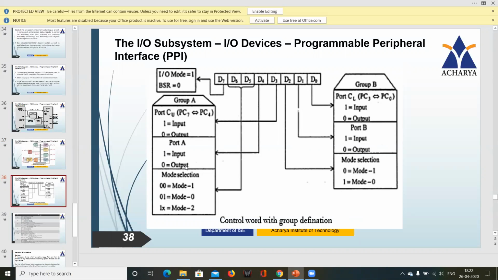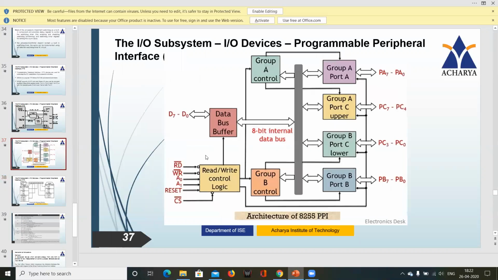Now let us go to the 37th slide to understand that. You are seeing port A here. If that particular bit is 1, then port A becomes an input. If that bit D4 is 0, port A becomes output. In the first example, I took a stepper motor. I connected the stepper motor, so port A becomes an output, because from the processor, the data is coming via port A to the stepper motor.